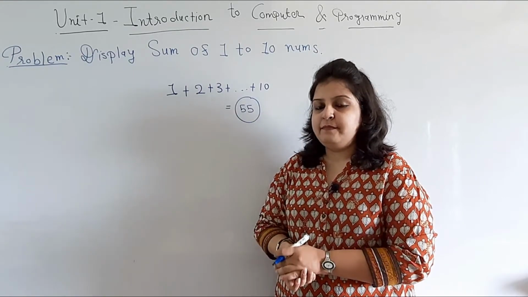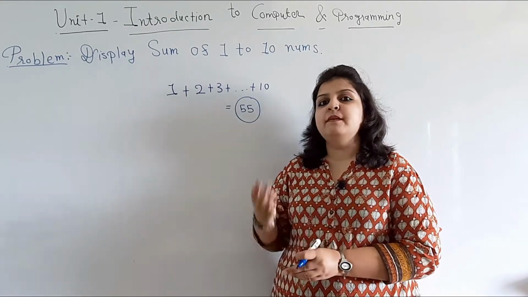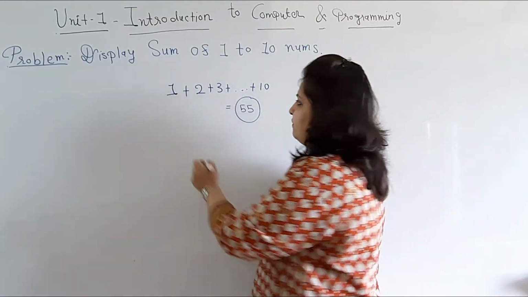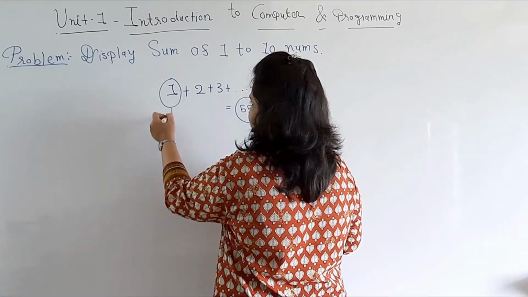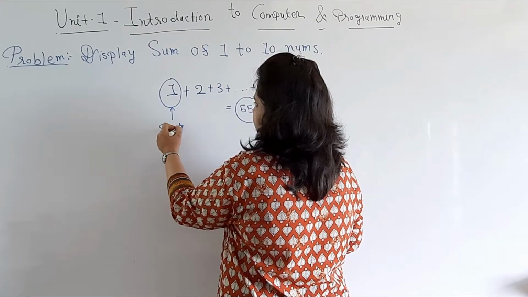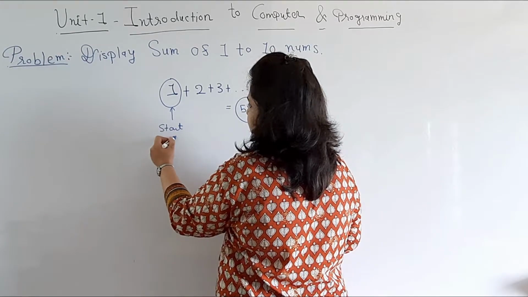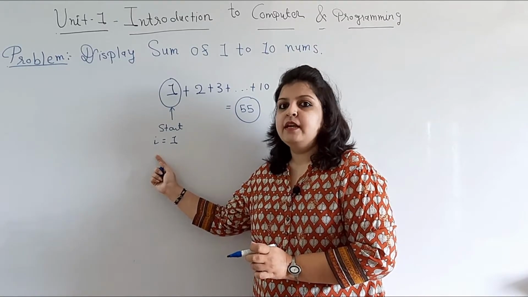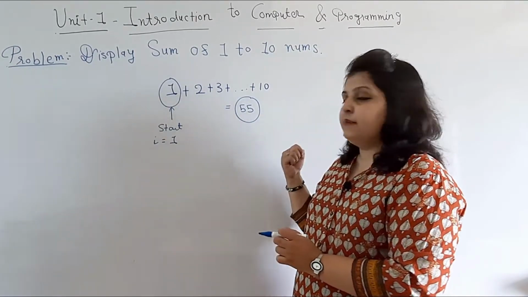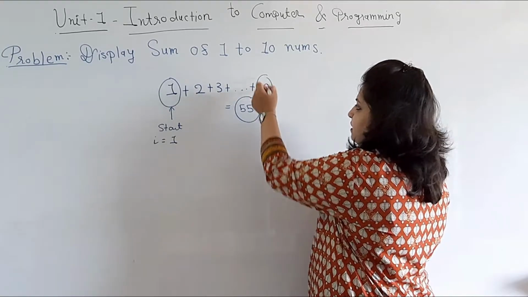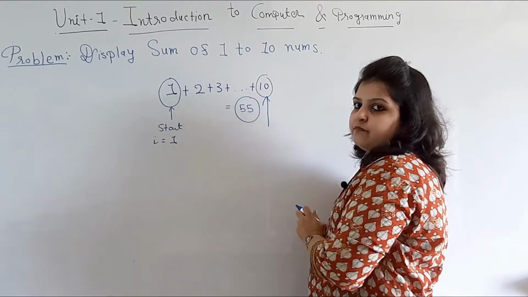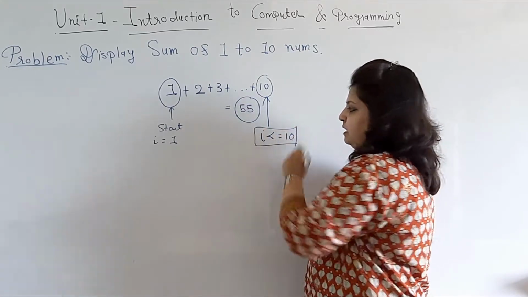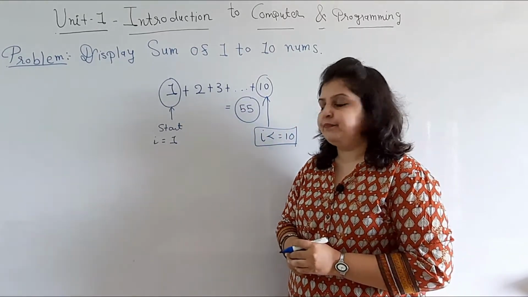How can we do it? For any type of repetition problem, we have to remember 4 different steps. First of all, we have to think about the starting point, meaning I is equal to 1. We have to assign our initial value. Then think about termination: I starting from 1, but I lesser equal to 10 is our termination condition.